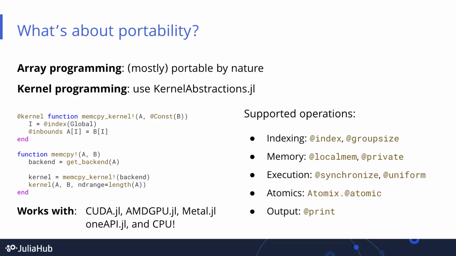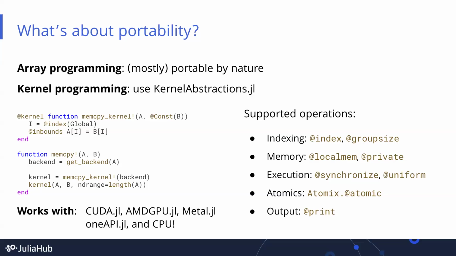For example, for indexing, where in CUDA we have threadIdx, and in oneAPI you have group size and so on, we use @index, and we add @groupsize. Check memories: @localmem, @private memories, the memory that's only visible to the kernel itself. Where you would call sync_threads in CUDA, you now call @synchronize in KernelAbstractions.